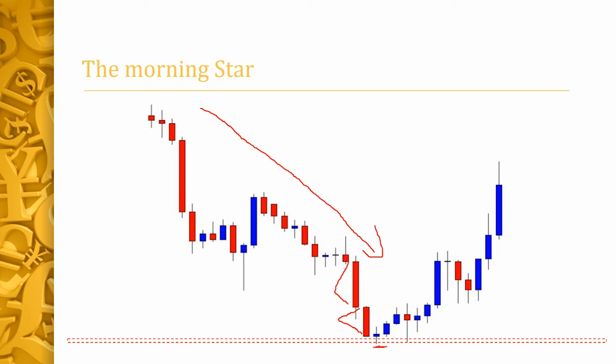That shows you that the bears are not in control anymore as they were before, and that should give you an alert to start looking for a possible reversal.